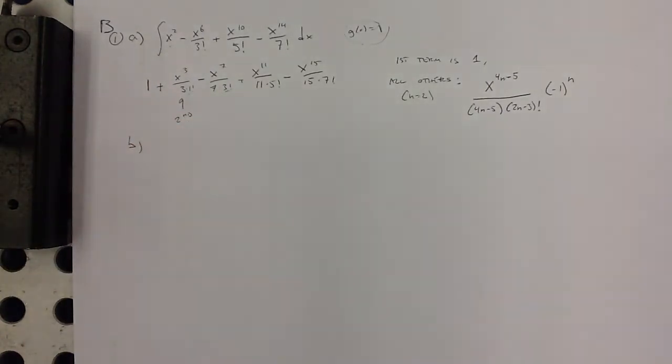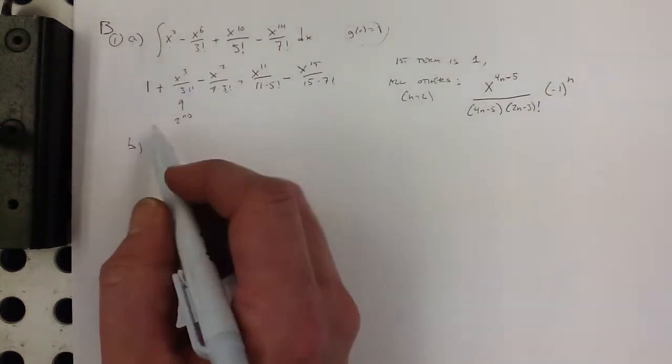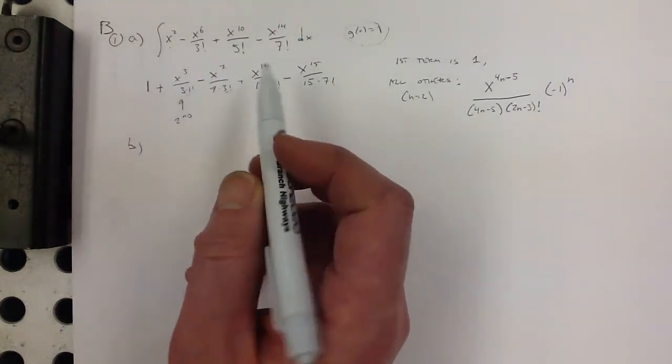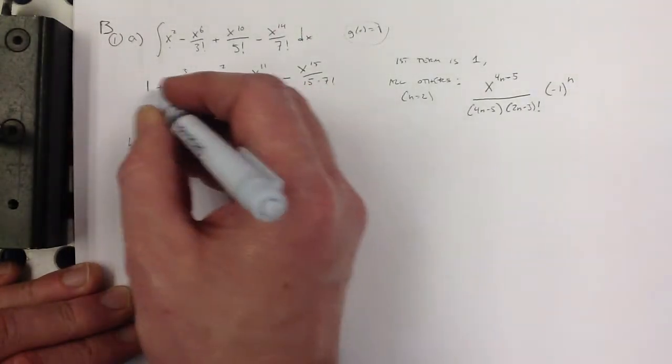B. Use the series in part A to find the first four non-zero terms and the general term of the Maclaurin series for the antiderivative of x times this series. Alright, so I'm going to multiply all these by x.